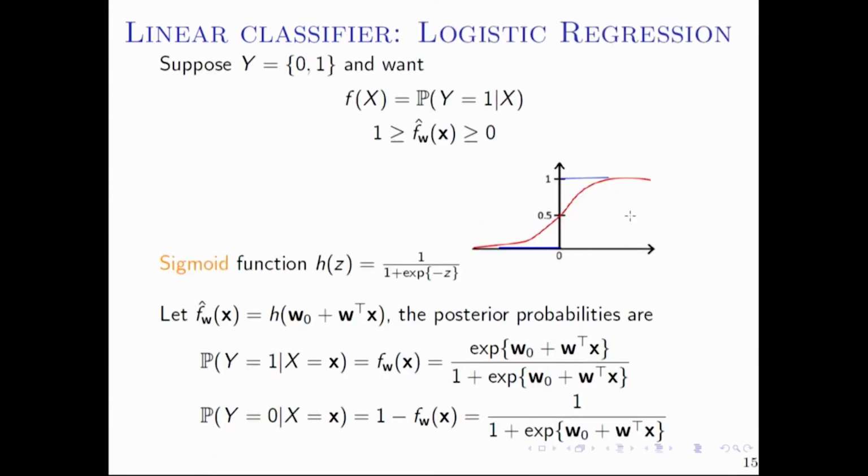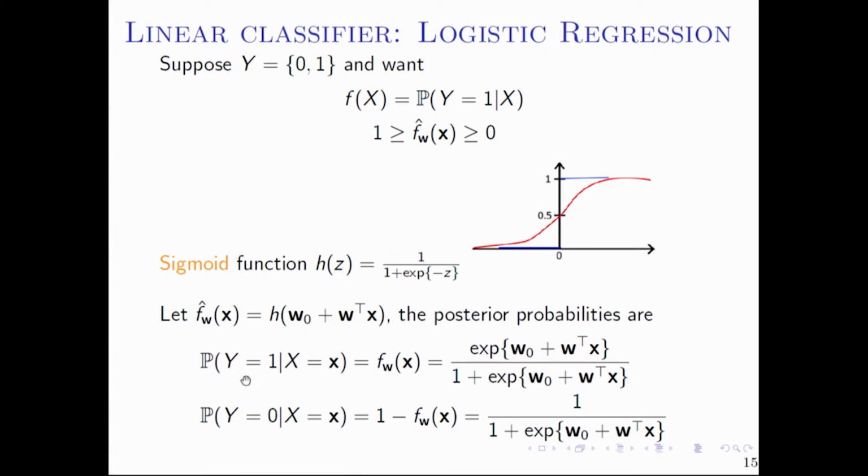So we have already seen this sigmoid curve. And now if we have a linear function, w0 plus w transpose x, and then we put this linear function in the sigmoid function, we'll get that posterior function f(x), which will be f_w(x). The parameter is w, which we don't know, maybe we have to learn when we learn the classifier.